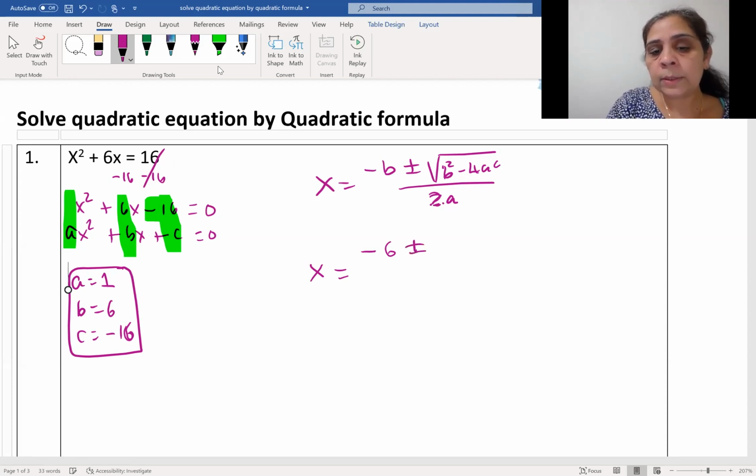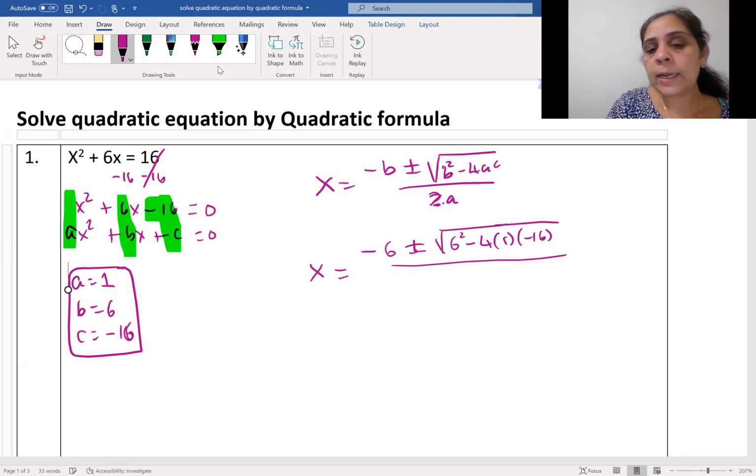Plus or minus the square root of b squared, which is 6 squared, minus 4. a is 1. c is negative 16. Whenever you write a negative number, I will write it in parentheses. 2 times a. In this step, you just plug in the numbers, whatever they give you, that's it.